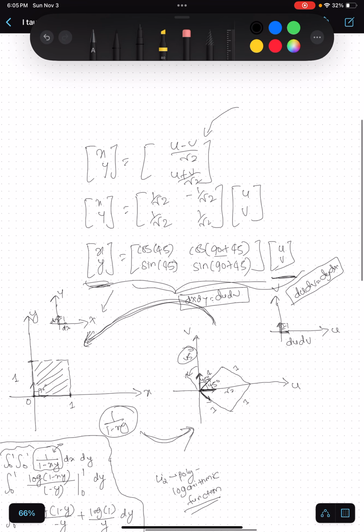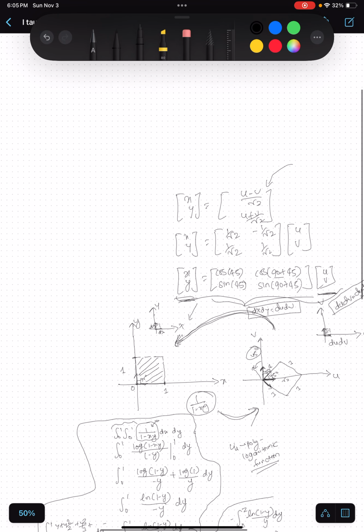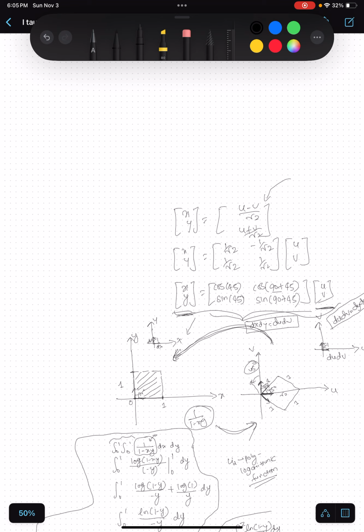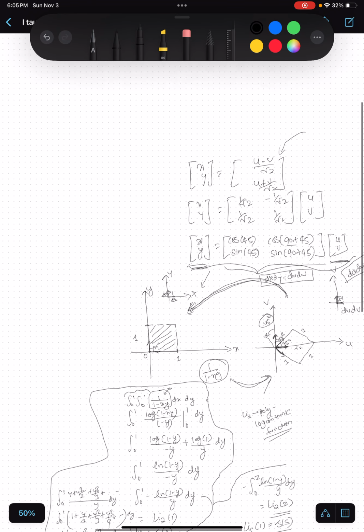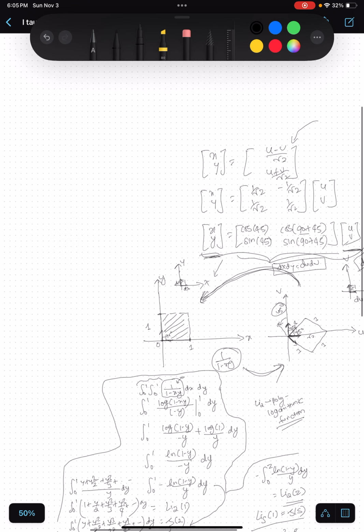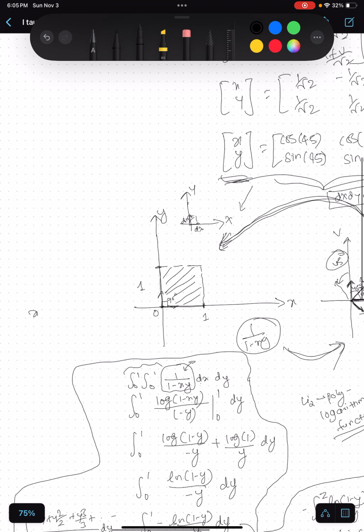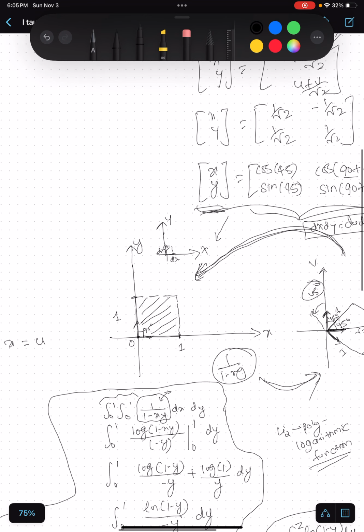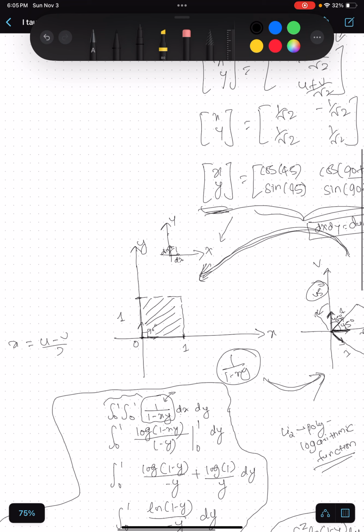Now we have done this. Now we know the substitution: x is (u minus v) by root 2, y is (u plus v) by root 2, and in this change our dx dy will just be equal to du dv, right? So we know this, and also we need to know about limits.